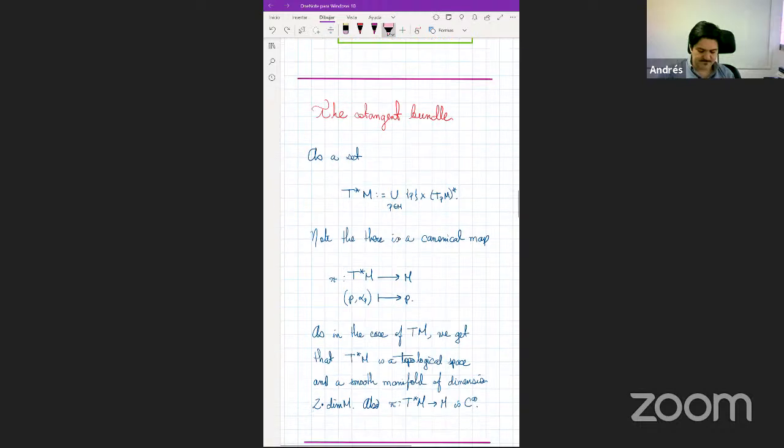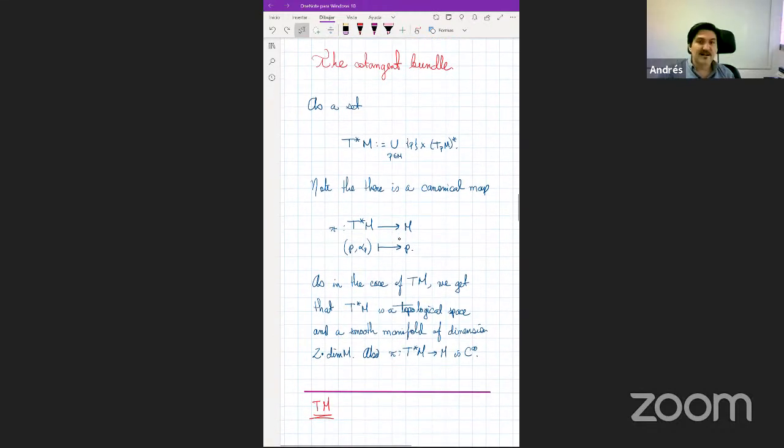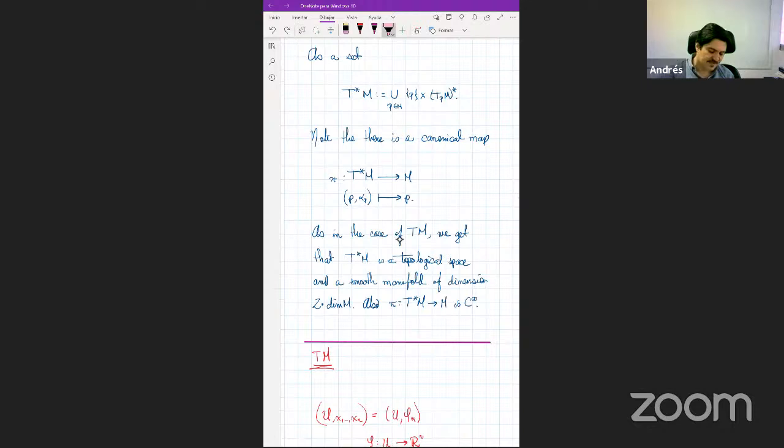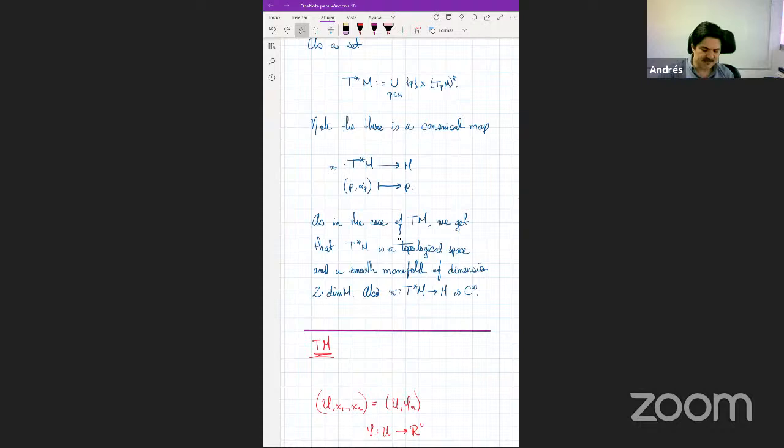And this is a brief review of how we constructed this as a manifold and how we give the manifold structure here. So for the tangent bundle, first we consider a chart on M because M is a manifold. We use this and we also use the function phi. So this is the map, this is the chart.